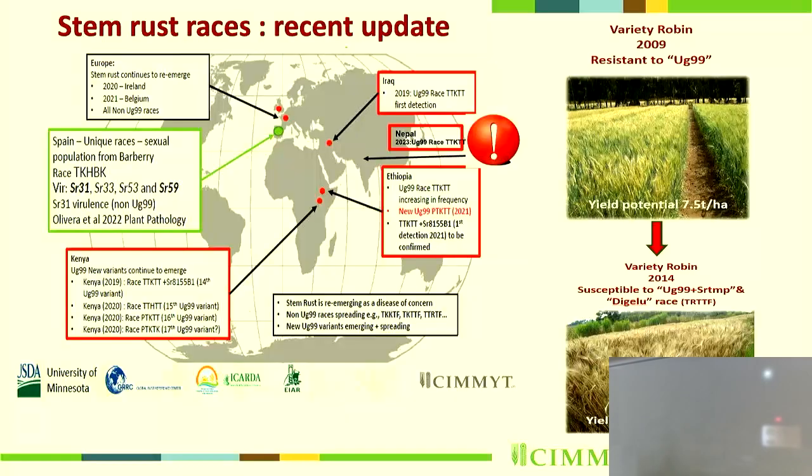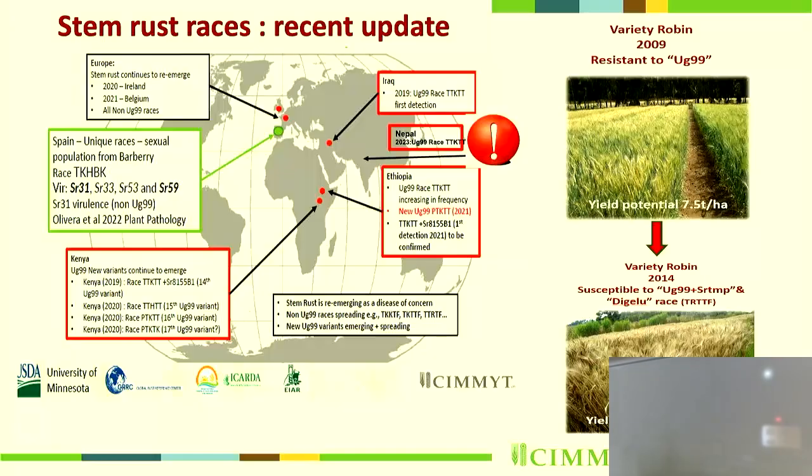It is not only limited to East Africa; there have been a lot of reports of epidemics in Europe as well, from non-Ug99 lineages, but still they have caused epidemics, taking over a lot of stem rust resistance genes. And then recently, as Dave mentioned as well, in Nepal, there was a report of Ug99 in 2023. I didn't put Bhutan on the slide, but they've mentioned that too.